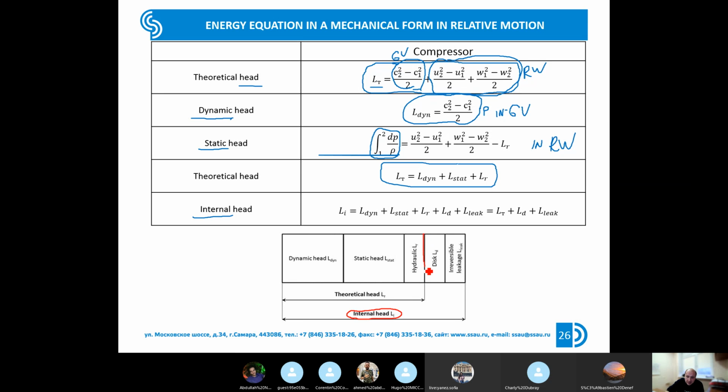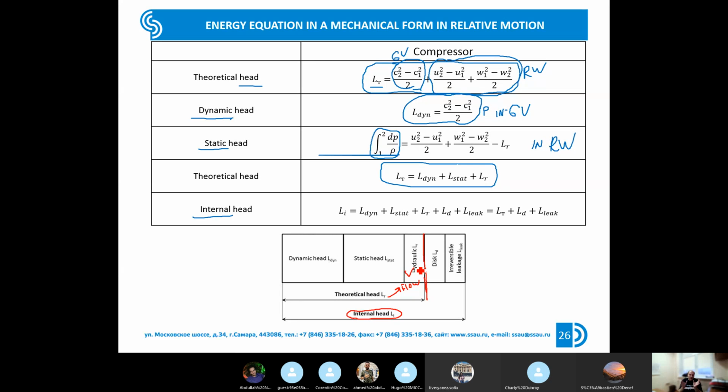The energy which you do not lose during energy transfer from the source of energy to the blades is called the theoretical head, and this energy is supplied to the flow. You supply this energy, this specific work, to the flow by blades, and this energy is spent to overcome hydraulic losses in the flow path of the compressor.